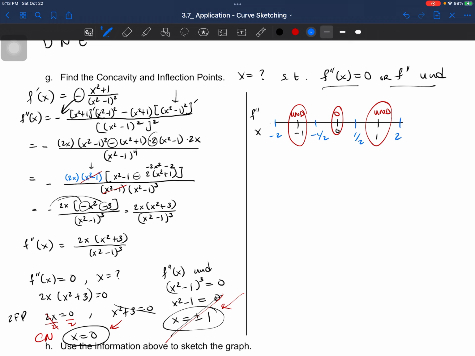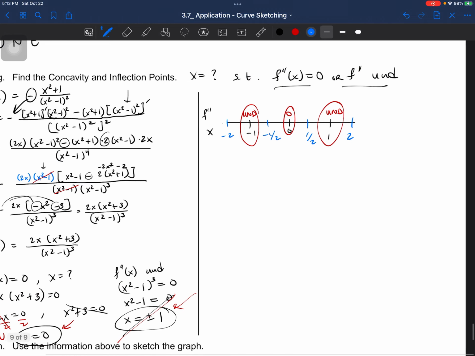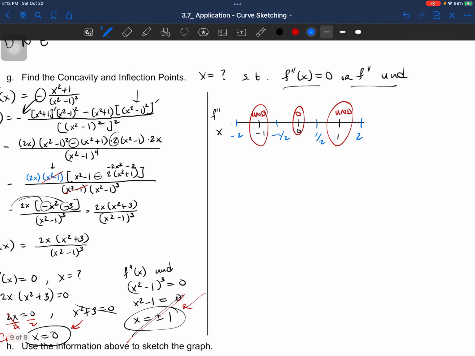So the question is, what's happening around these, such as negative 2, negative 1/2, 1/2, and 2. Alright, so let's figure this out. We're going to test them. Our second derivative looks like this.